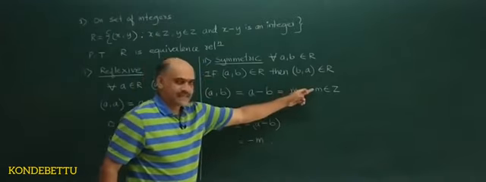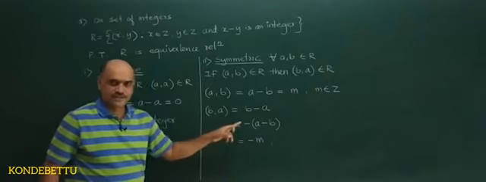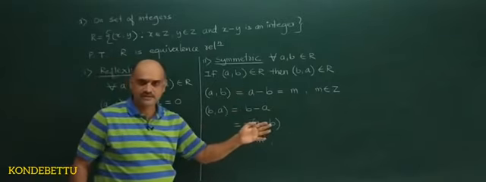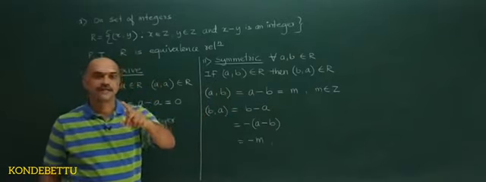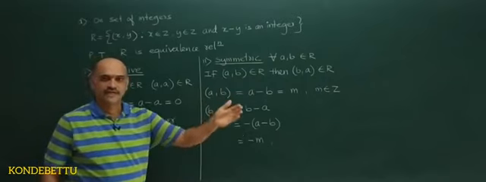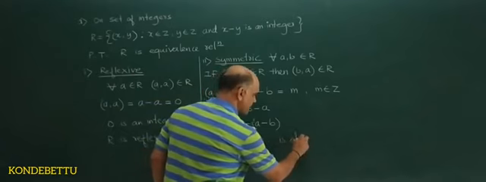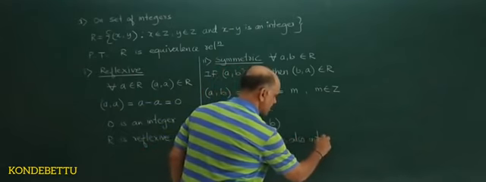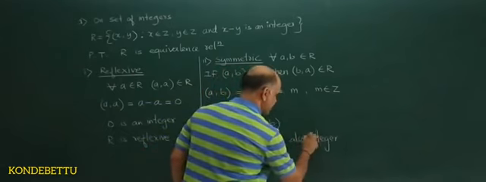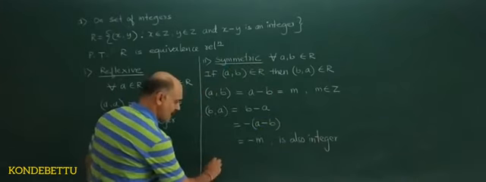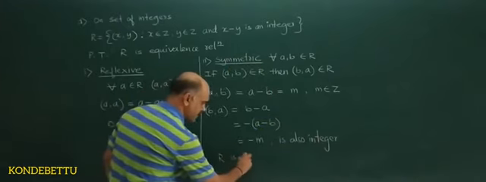So if m is an integer, then minus m is also an integer. You have studied in school days, if 5 is an integer, minus 5 is an integer. If 10 is an integer, minus 10 is an integer. So it is also an integer. Therefore R is symmetric.